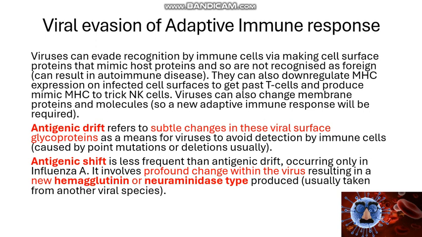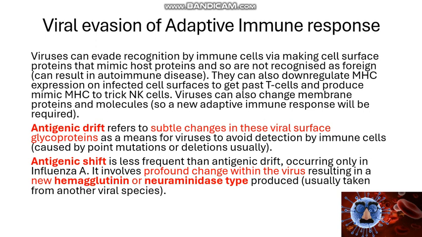Viruses can also downregulate MHC expression on an infected cell surface, so that T cells are not able to recognize that the cell is infected, because they're not expressing either MHC1 or MHC2 on their cell surface. So they're not displaying an antigen on these cells.